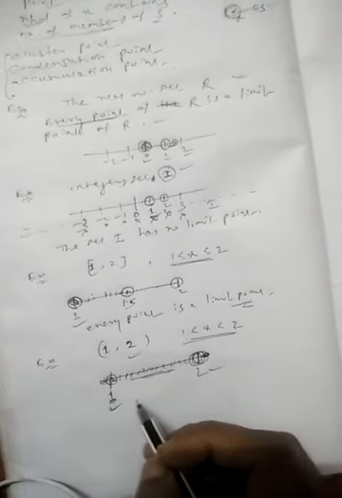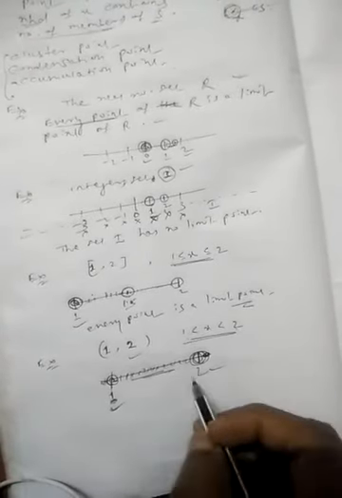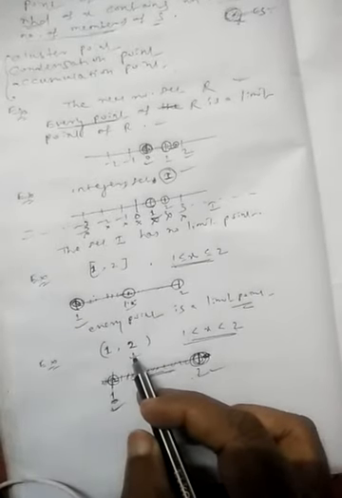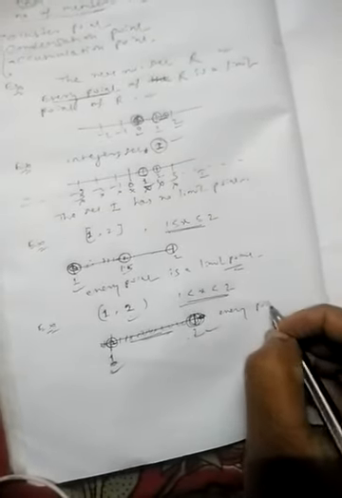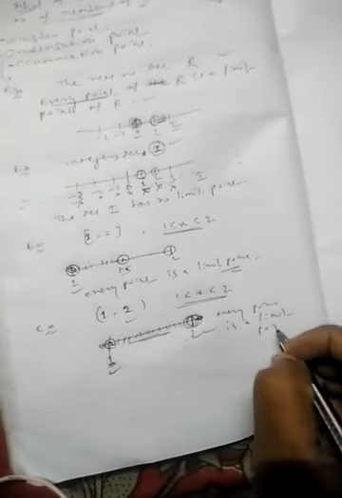But it is to be noted that the points which are not in the set may be limit points of that set. So again here every point is a limit point, and we can find another result. What is the result?